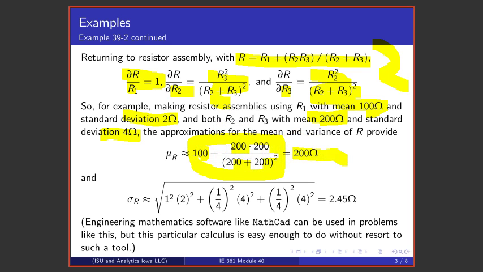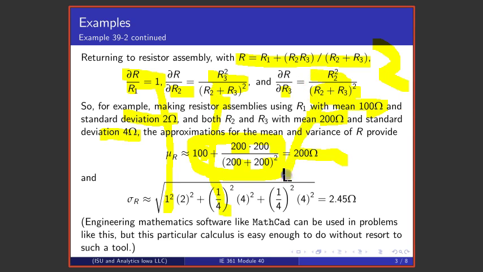For the standard deviation of the resistances, one takes this partial derivative and squares it. One takes this formula for the partial derivative and plugs in the mean for R2 and R3 and squares it.